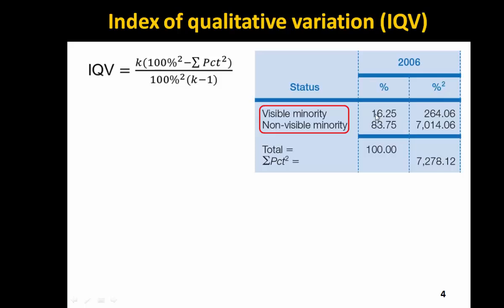16.25% among the entire sample were classified as a visible minority, while 83.75% were classified as a non-visible minority. We know that these calculations were accurate if we sum vertically, and it should equal 100.